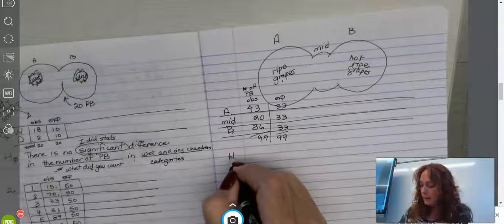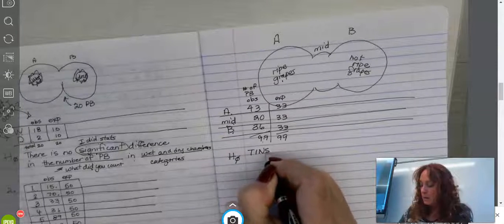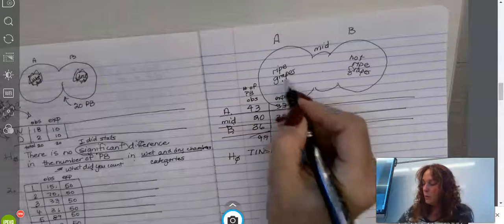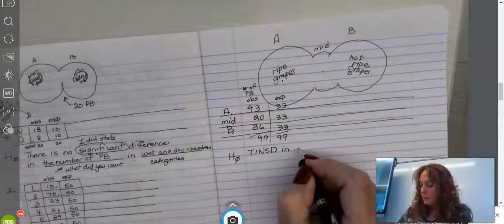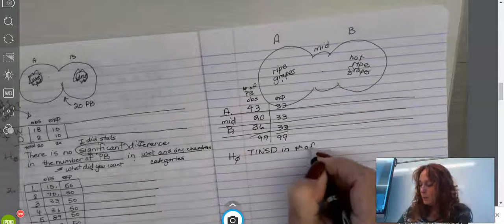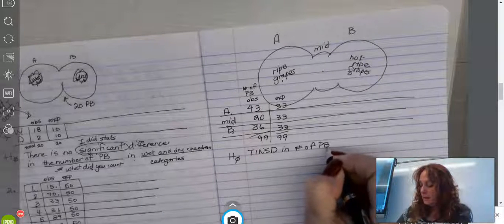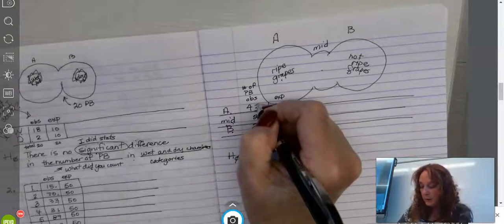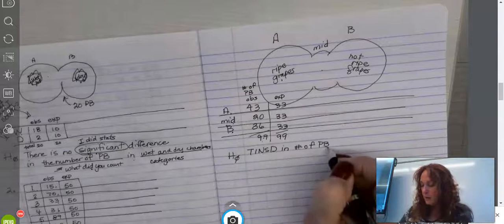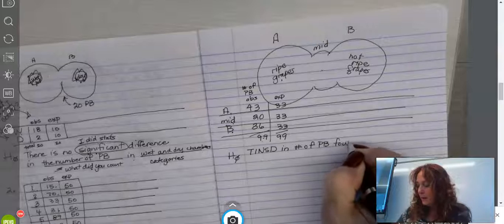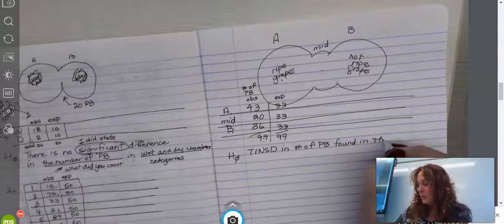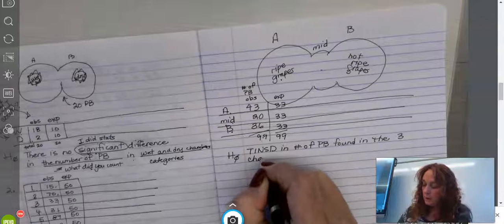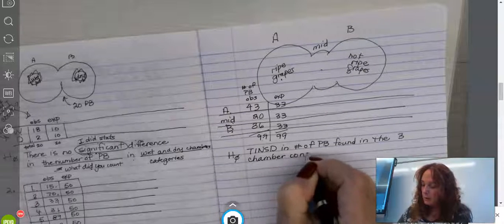So let's write our null again. There is no significant difference in, what are these 3 conditions? So there's the number of pill bugs, and that's going to be what we counted, right? There's no significant difference in the number of pill bugs that are found in the 3 chamber conditions.